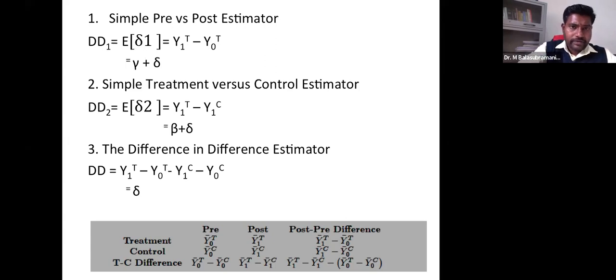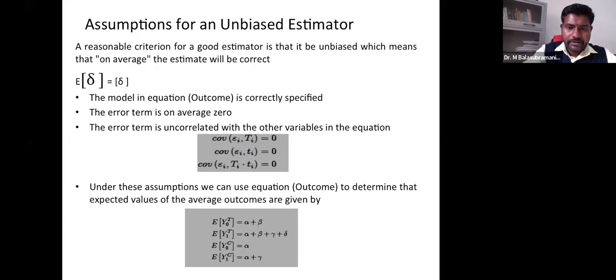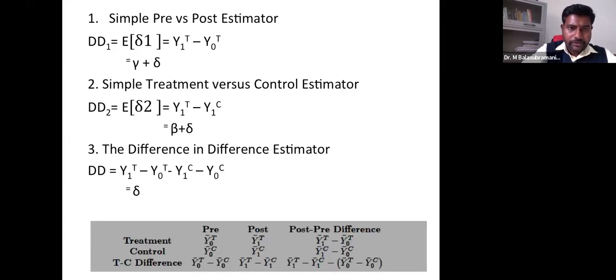If you apply the earlier notations in this equation, the final equation comes as gamma plus delta, whereas it may not give your original effect, because this is your true treatment effect. This is your time trend that is added here.